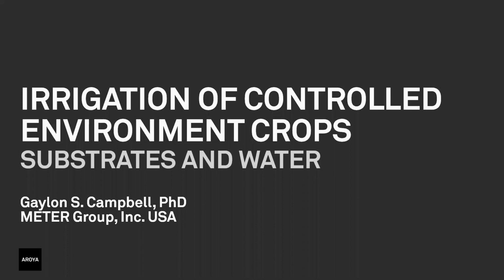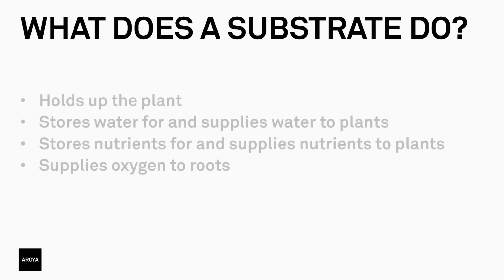When we select and purchase a substrate for a crop, we are, in effect, hiring the substrate to do jobs for us. And what are those jobs? Well, it's perhaps obvious, but the substrate needs to hold up the plant. It also needs to supply water and nutrients to the roots of the plant.